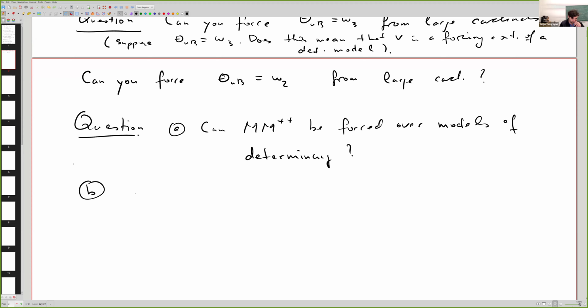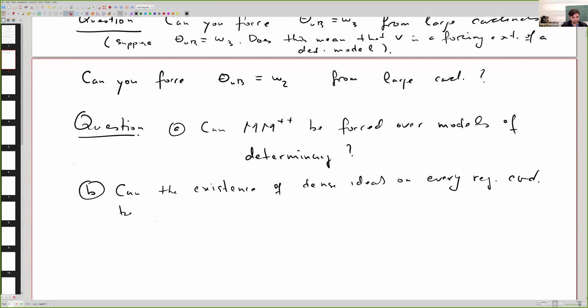B is: can the existence of dense ideals on every regular cardinal be forced over determinacy models?